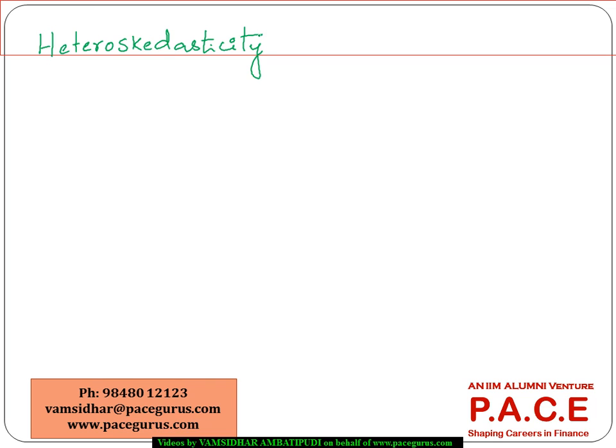So when we talk about heteroskedasticity, when I say skedasticity, it is more to do with variance. So heteroskedasticity is changing variance. Homoskedasticity is variance is constant.